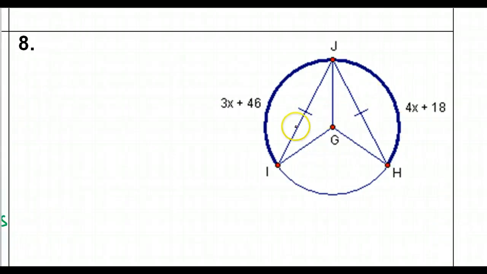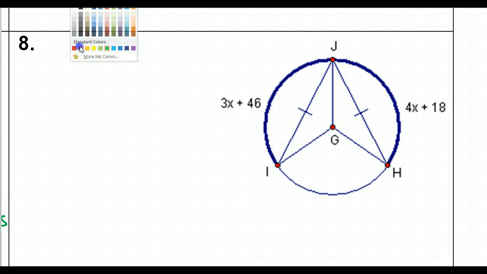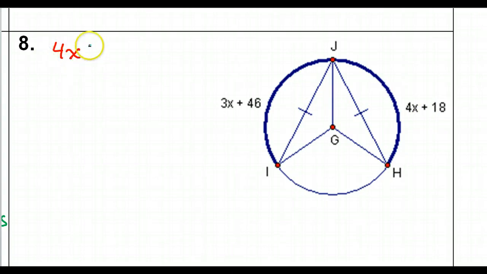We've learned properties that tell us that if the chords are the same, then the intercepted arcs are going to be congruent. So once again, we're just going to set these equal to each other. So that means that 4x plus 18 will equal 3x plus 46.